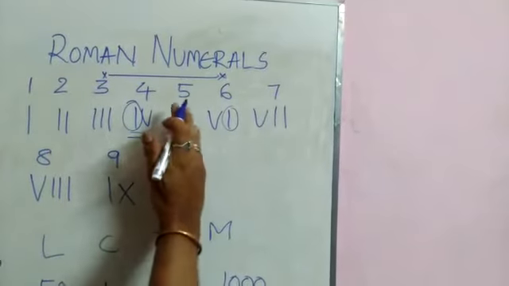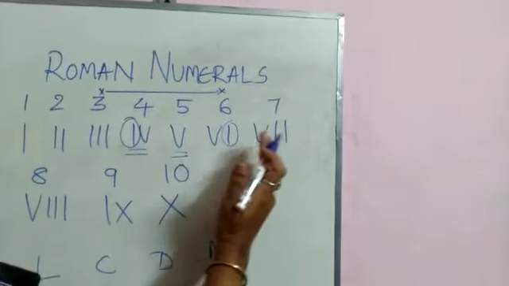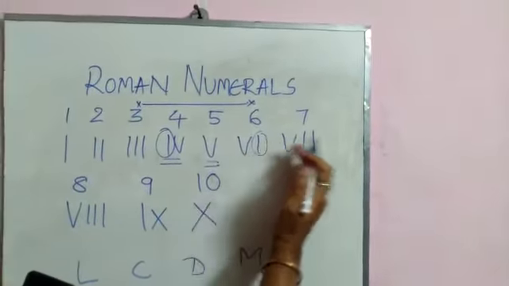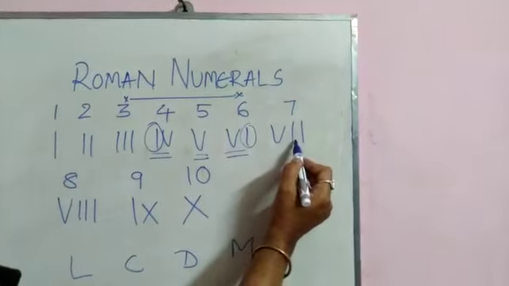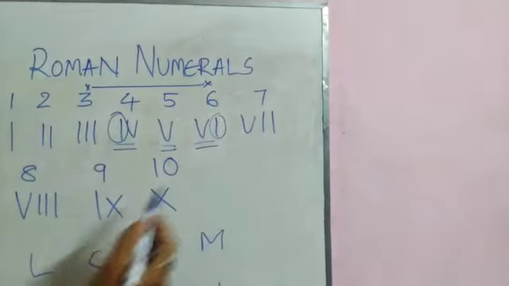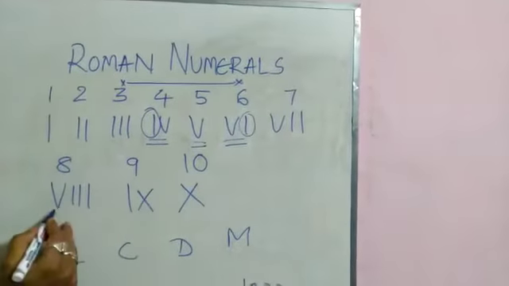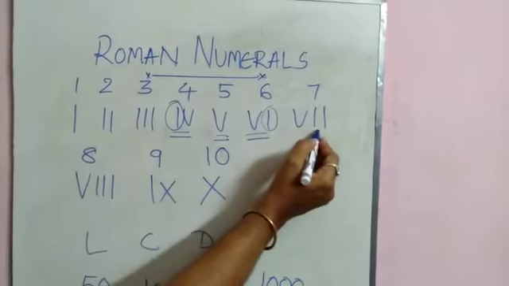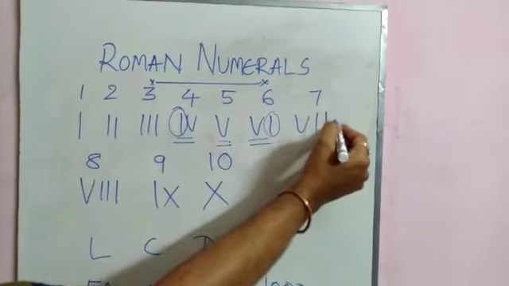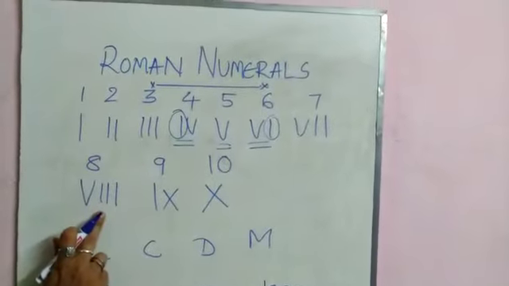If you go on the right side of this 5, it keeps increasing. From 6, how do you write 7? 2 slashes. After 7 you will get 8, that is 3. After 7 you put one more line, it will become 8.